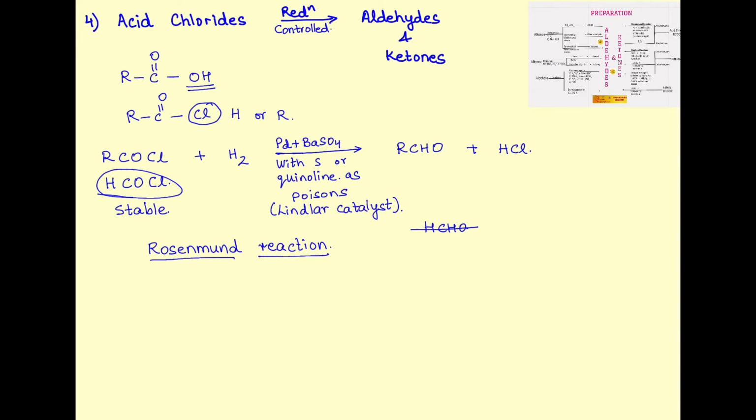Now how about ketones? Ketones, that means I want to introduce an additional alkyl group. So we've modified this and we've got RCOCl, and we react that RCOCl with dialkyl cadmium. Now go ahead, write the products of the reaction.